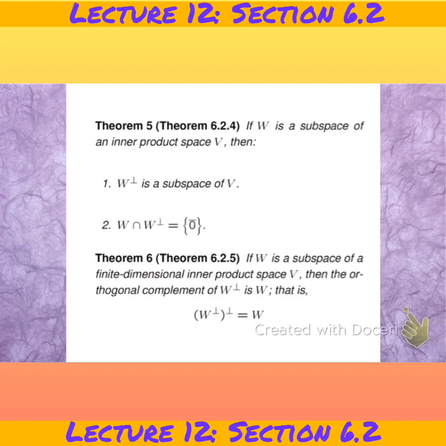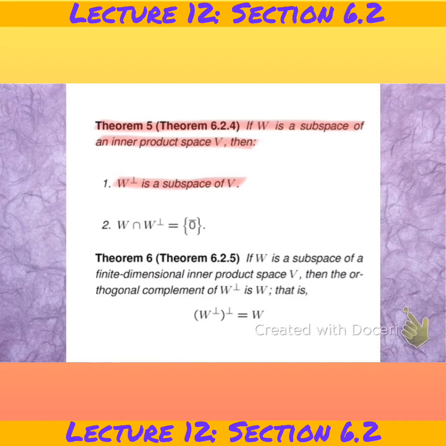Okay, next we have the theorem on orthogonal complements. If W is a subspace of an inner product space V, then the orthogonal complement is a subspace of V. We did prove this in chapter 4, so I refer you back to that.